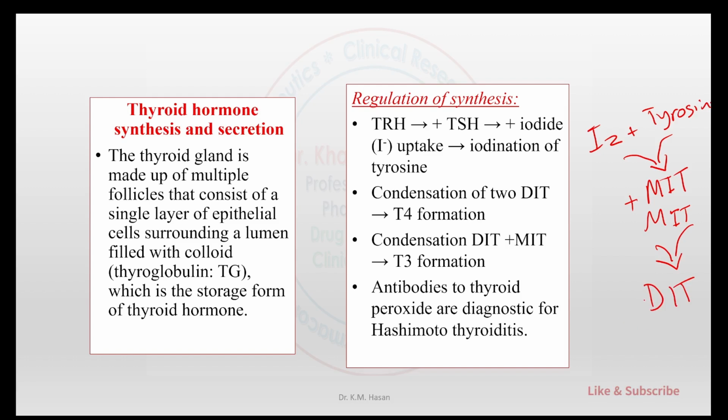Now, when the diiodotyrosine binds again with the monoiodotyrosine, this will lead to the formation of T3.